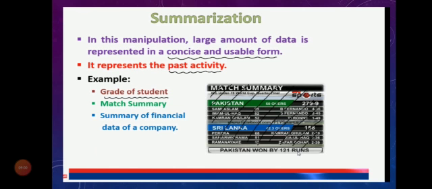Summarizing, the process of reducing a large amount of data to a more concise and usable form, is called summarizing. For example, people deposit money in banks daily, and the data of banks can be summarized to show the total money deposited in a particular month instead of showing all deposits. This is called summarization or summarizing.